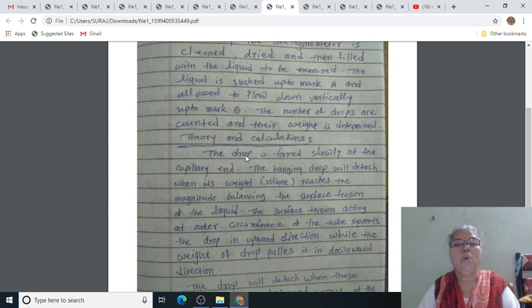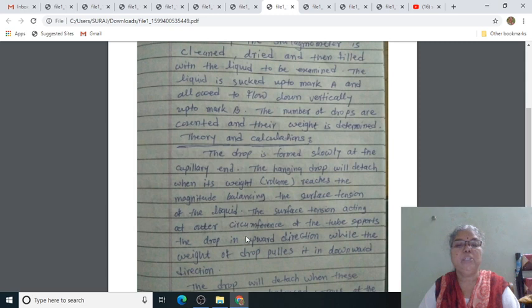Here, the drop is formed slowly at the end of the capillary tube. The hanging drop will detach when its weight or volume reaches the magnitude balancing the surface tension of the liquid.